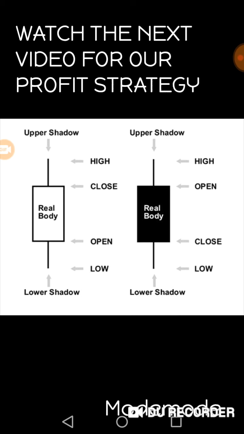A candlestick has a body, a high point represented by a wick on the top side. It has got an opening and a closing, and a low represented by the wick at the lower side.